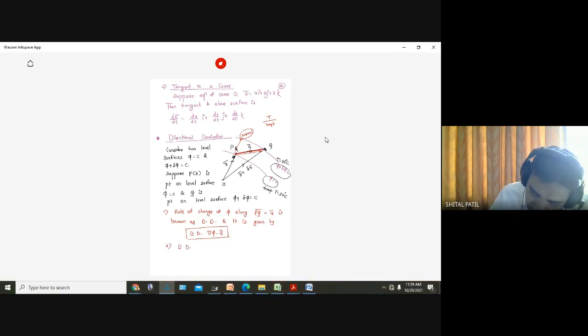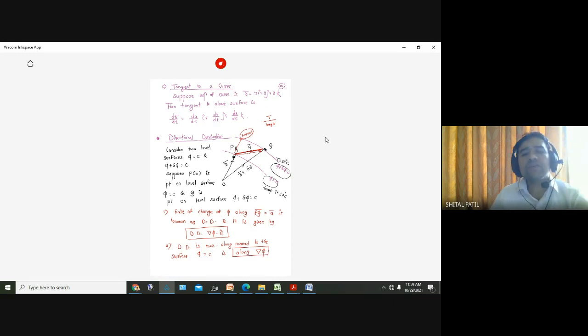Okay, so directional derivative is maximum along normal to the surface phi equal to C. That is, what is normal? That is along grad phi. Grad phi is the normal, right?